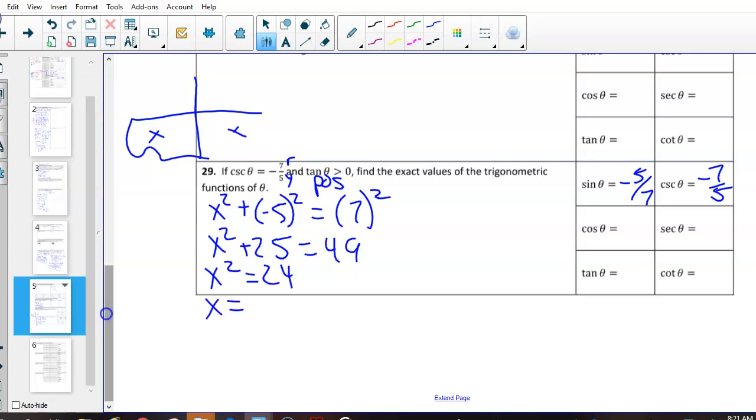Some of you also, when you got to this point, did not simplify. You needed to. I can't leave this as a square root of 24. I need to simplify it. 4 and 6.